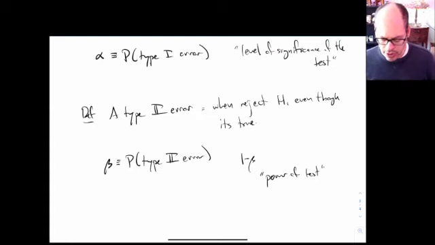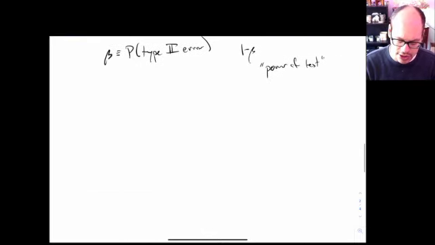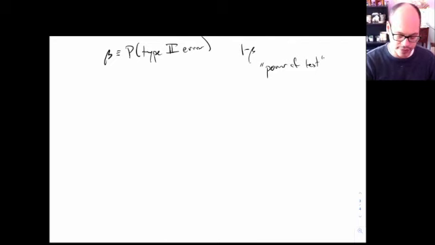All right. So, as a general strategy, what are we going to try to do? Alpha generally takes the first precedence. We usually want to make sure that we don't accidentally say something significant is true when it's not. And so our typical strategy is we fix some level for alpha.